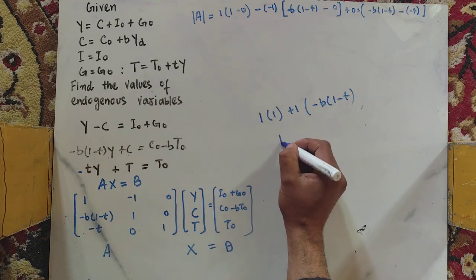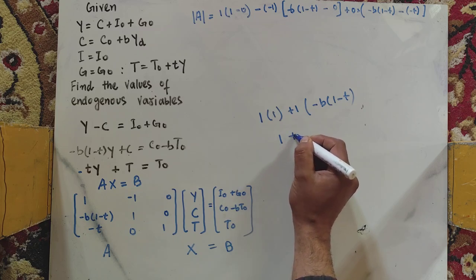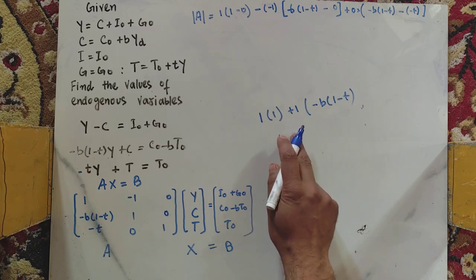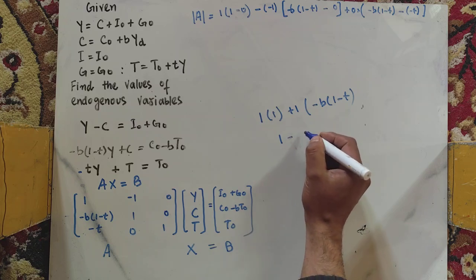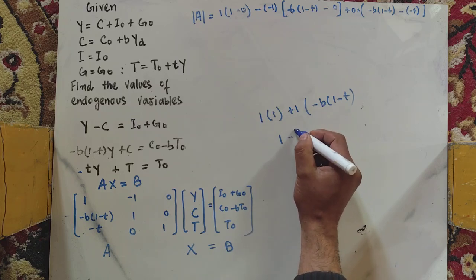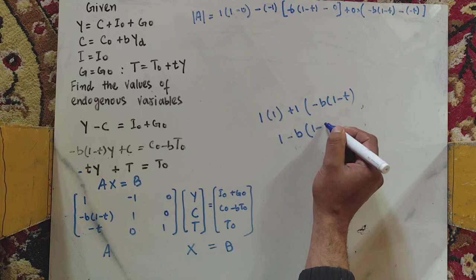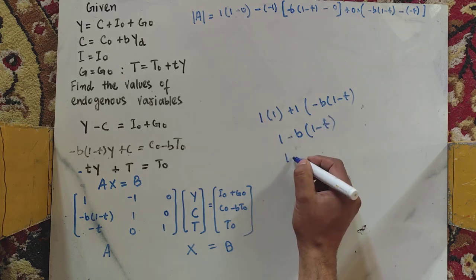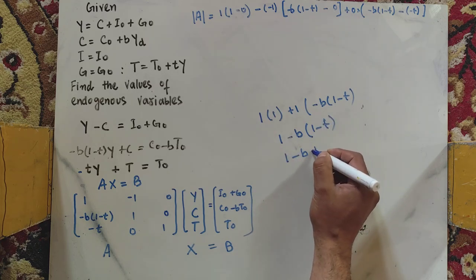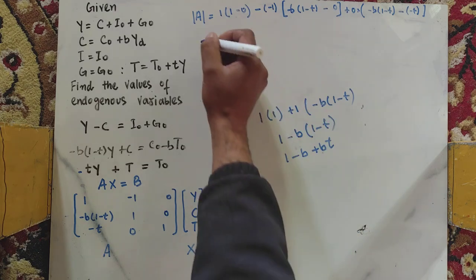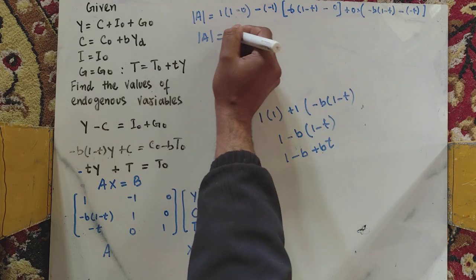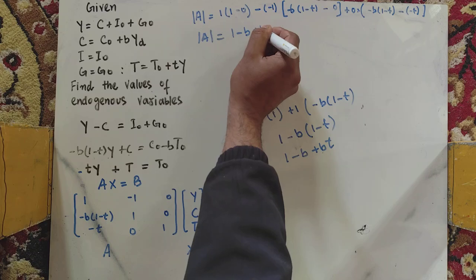Plus minus is minus, so 1 minus b, 1 minus t, or we can write it as 1 minus b, minus into minus is plus bt. This is our determinant. So the determinant of A is 1 minus b plus bt.